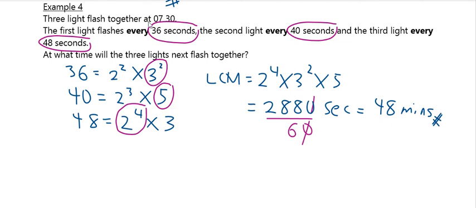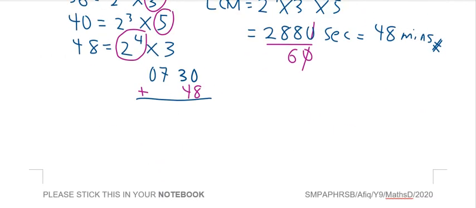Since you have the time 0730, you have to add 48 minutes. So I will have 0, 7, and then 7, 8. But you don't have 78 minutes, so I will subtract 60 and put 1 in the hour, because 1 hour is 60 minutes.